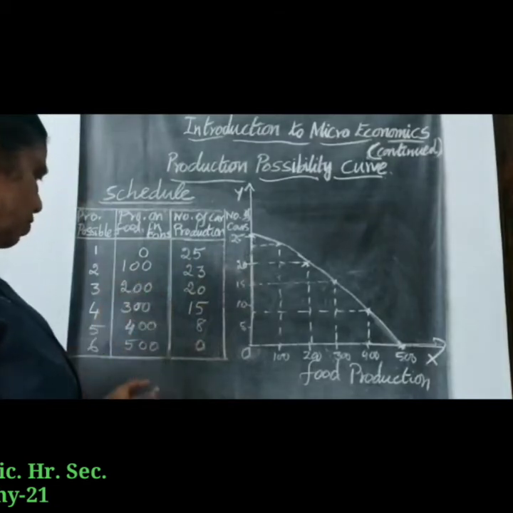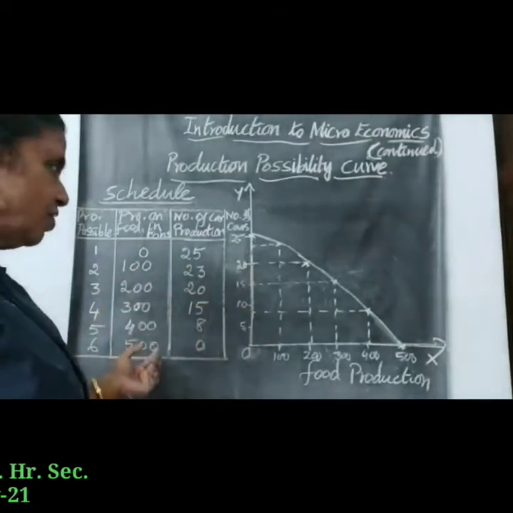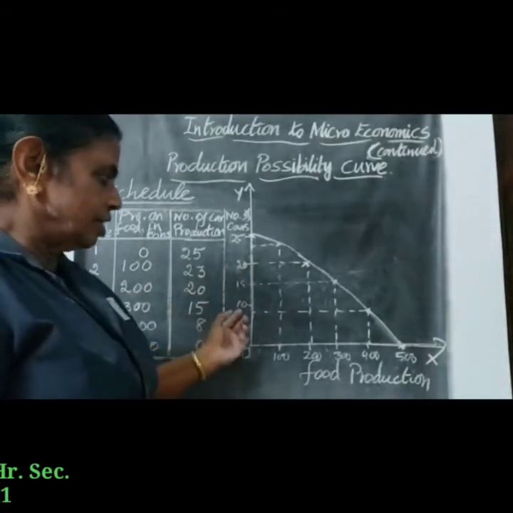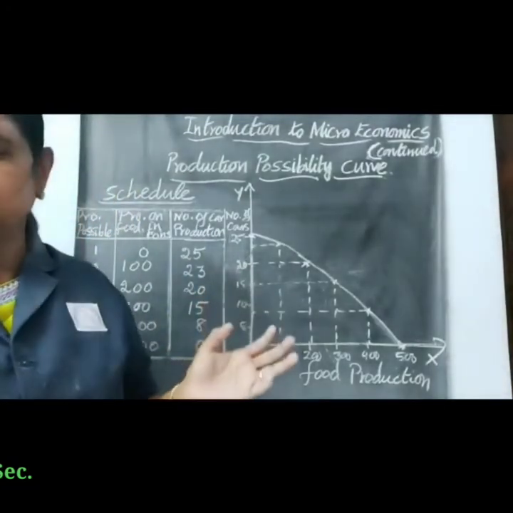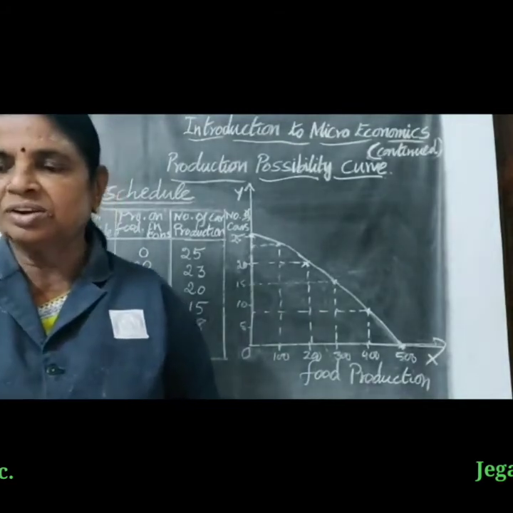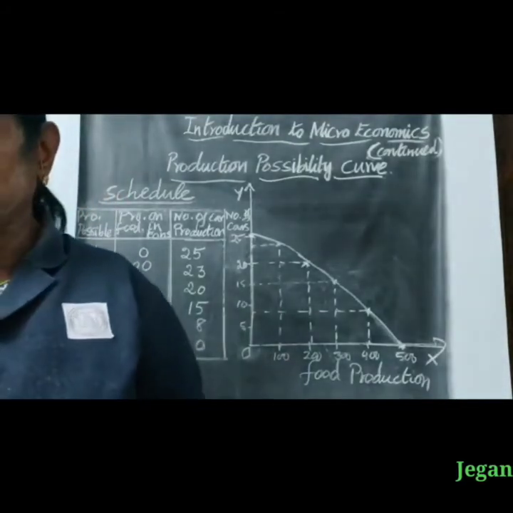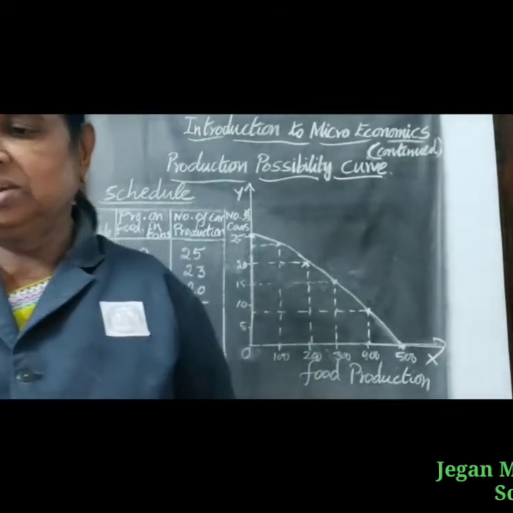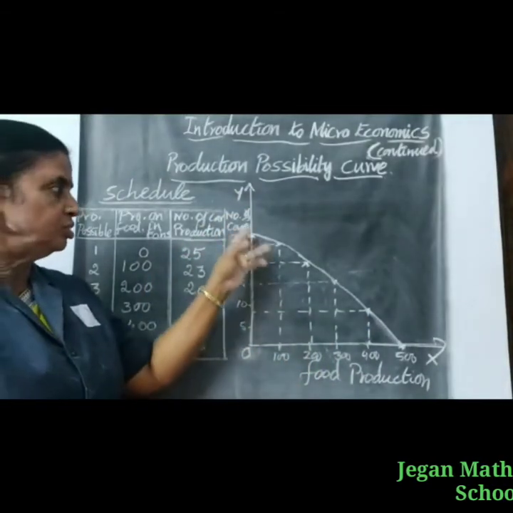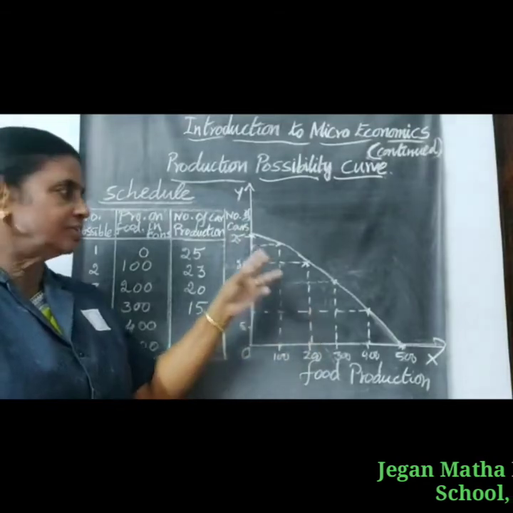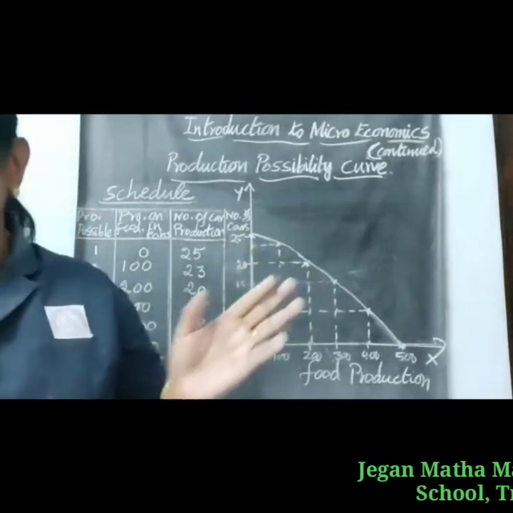And when production of food reaches 500 tons, then number of cars produced is 0. So just think of this, the quantity of food and the number of cars produced in the production possibility curve when we join the PPC, that is production possibility curve.